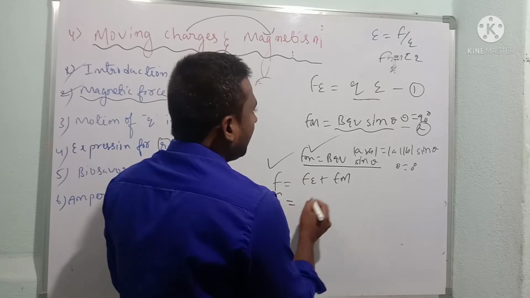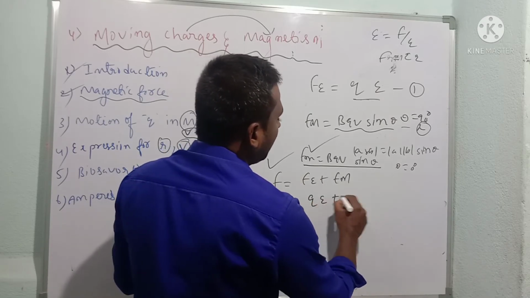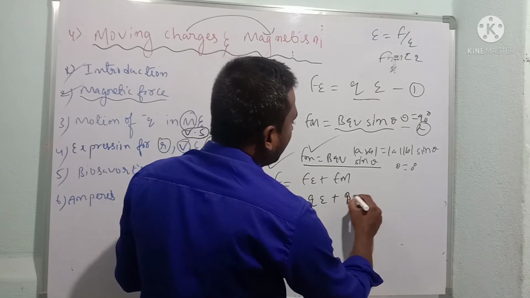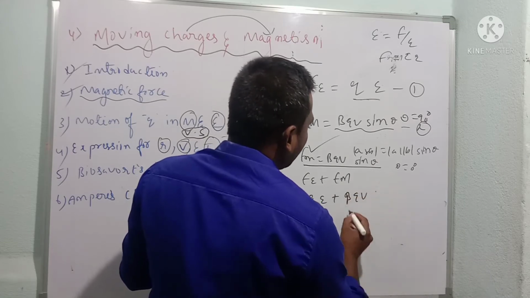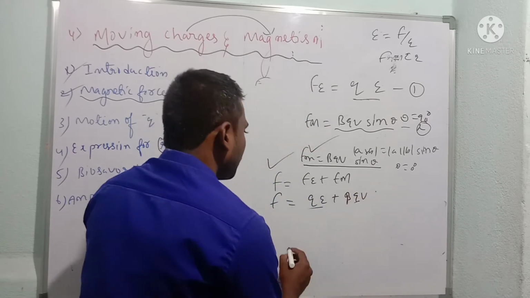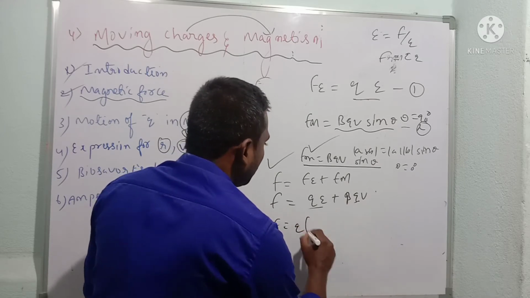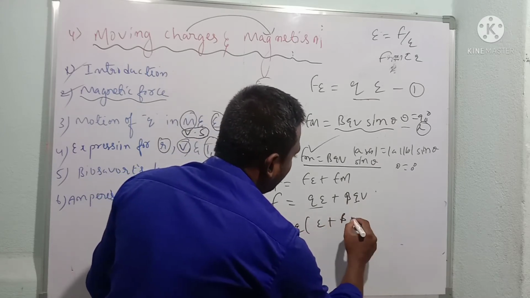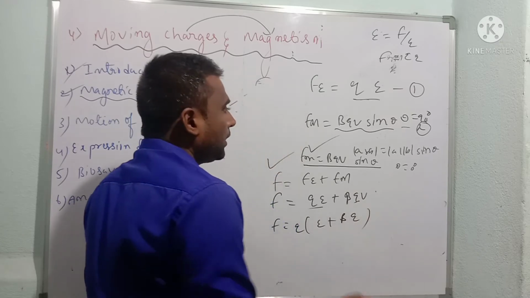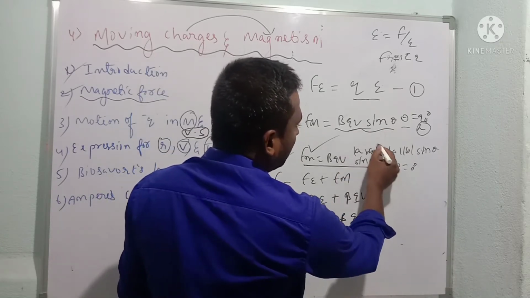So we'll get Fe is equal to QV into E plus BQV. Now Q is common, so you take Q common, then you will get Q into E plus BV. Children, this is nothing but the vector product of the two vectors.